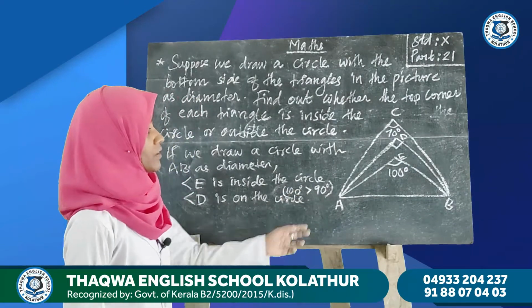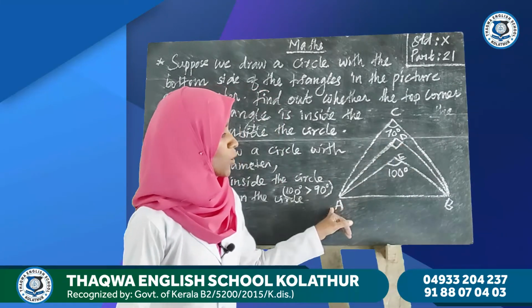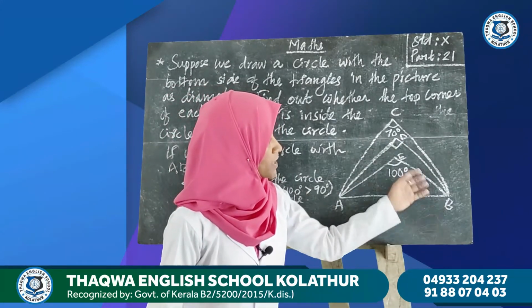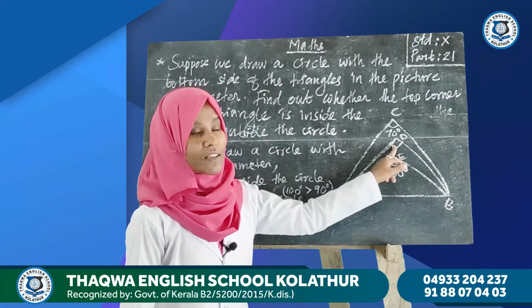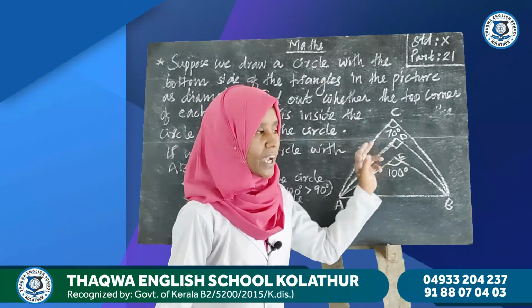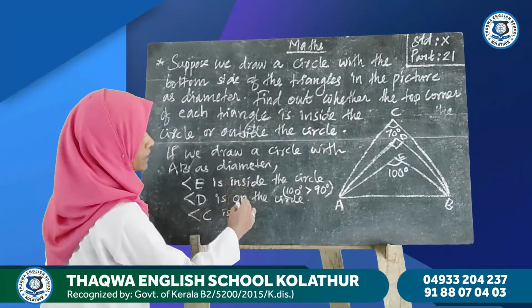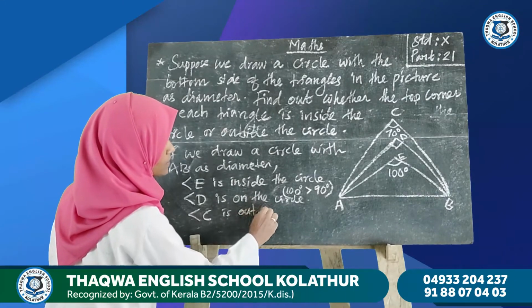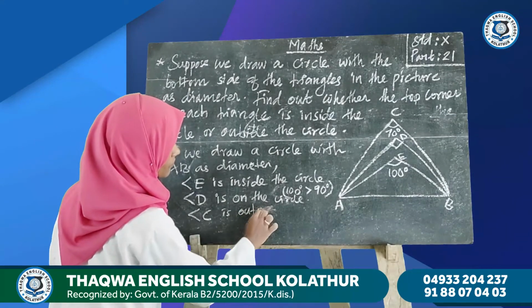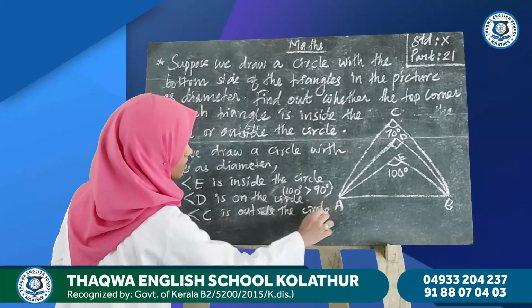Reason? The measure of angle D is 90 degrees. If we join the ends of a diameter to a point on a circle, then we get a right angle. The next, angle C. Angle C is outside the circle.